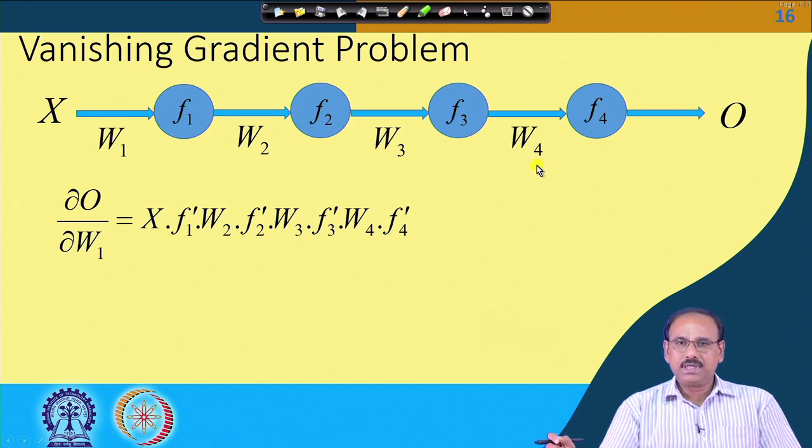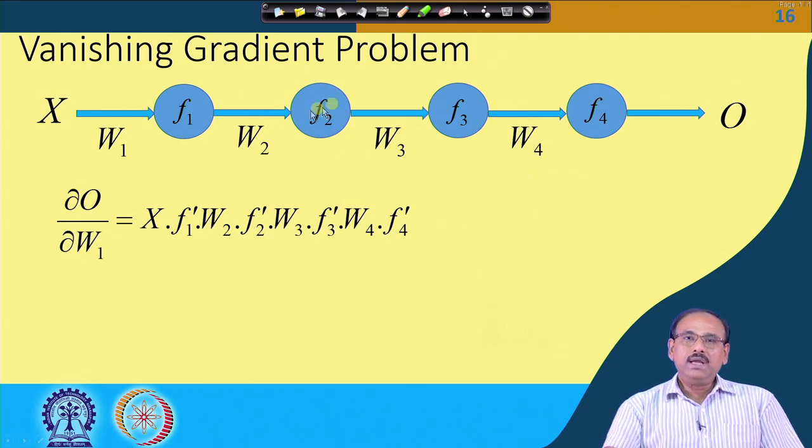And the number of such terms in this product will go on increasing with the depth of the network. If the depth of the network is 5, then 2 more terms will appear in this expression, that is W5 and f5 dash, and so on.